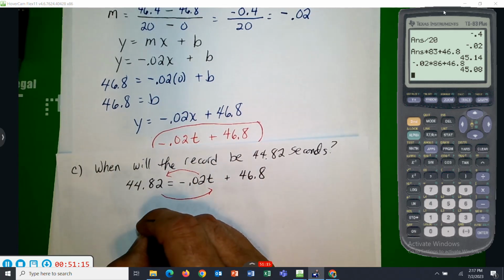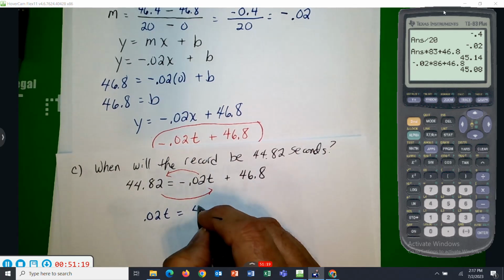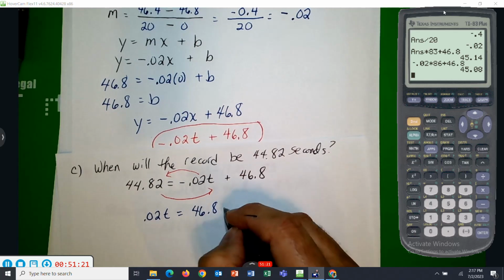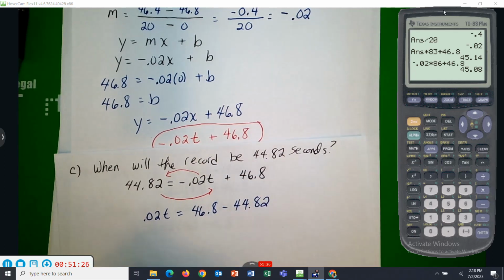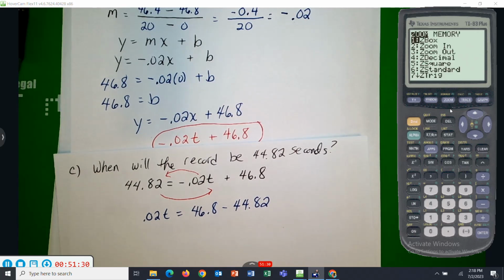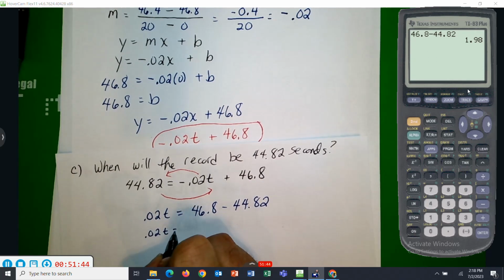That'd be a positive 0.02 equals 46.8 minus 44.82. That's 1.98.